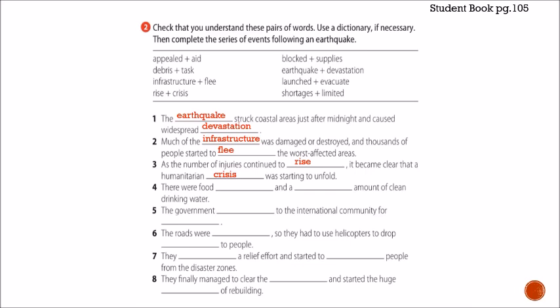Number 4, there were food blank and a blank amount of clean drinking water. So there were food shortages, right? Which means that there was not enough food and a limited amount of drinking water. And as you know, guys, the same happened now that we started this season of coronavirus, right?